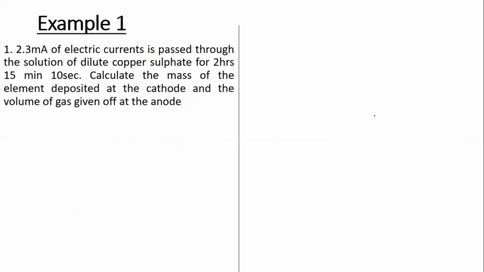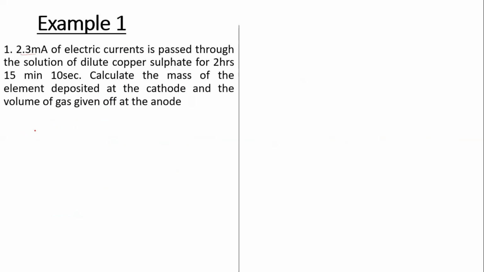Let's go to the first example under Faraday's first law. The first example says that 2.3 milliamperes of electric current is passed through the solution of dilute copper sulphate for 2 hours, 15 minutes, 10 seconds. Calculate the mass of the element deposited at the cathode and the volume of gas given off at the anode.